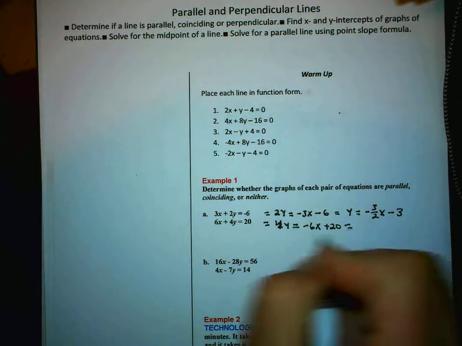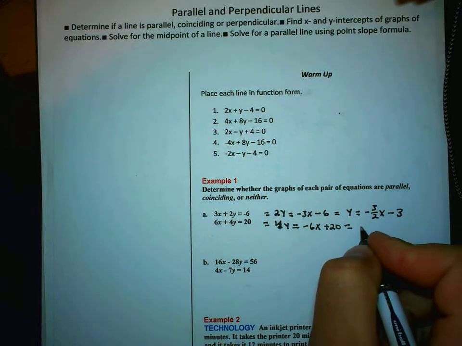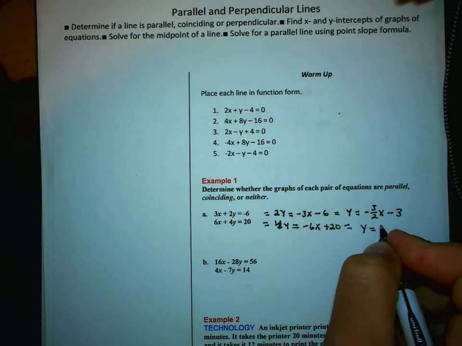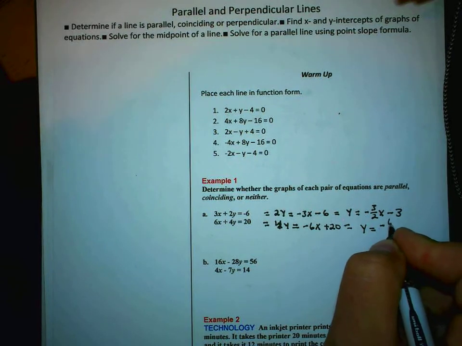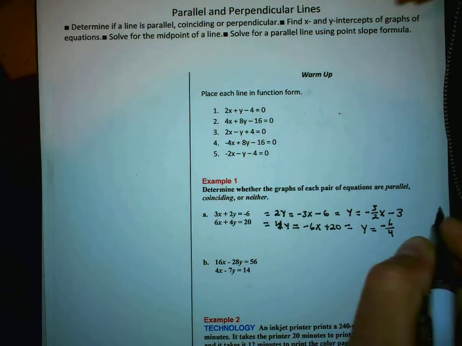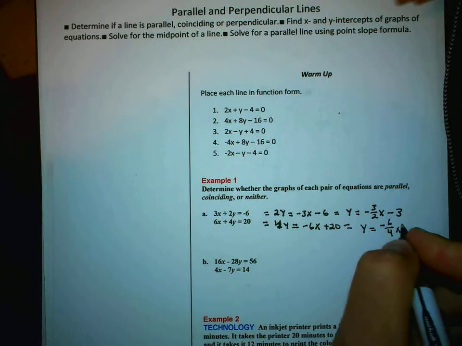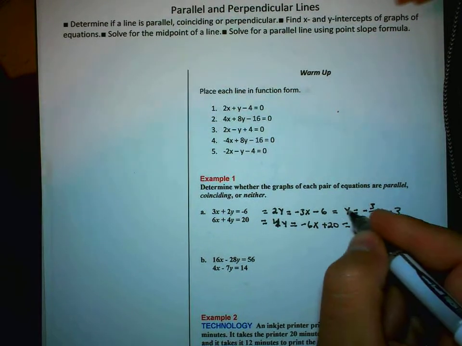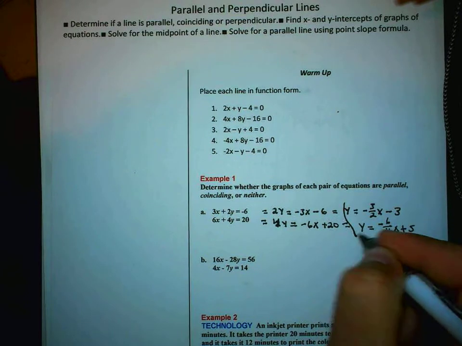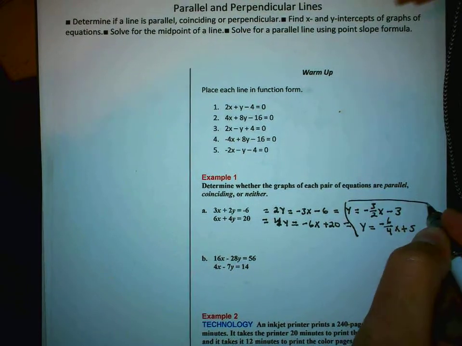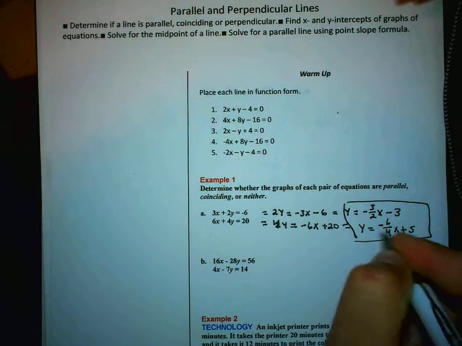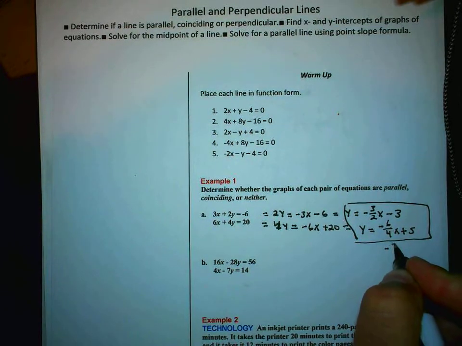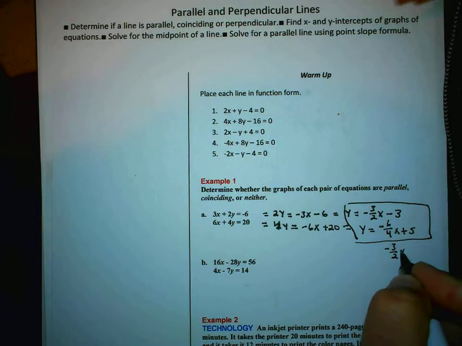Divide both sides by 4 so that y equals a negative 6/4 x plus 5. Now 6/4 x will reduce to something. Just so happens that 6/4 x reduces to a negative 3 halves of x.